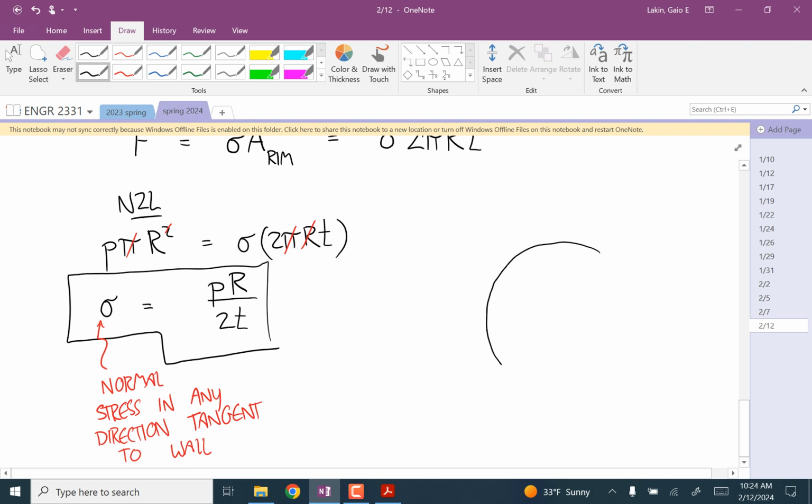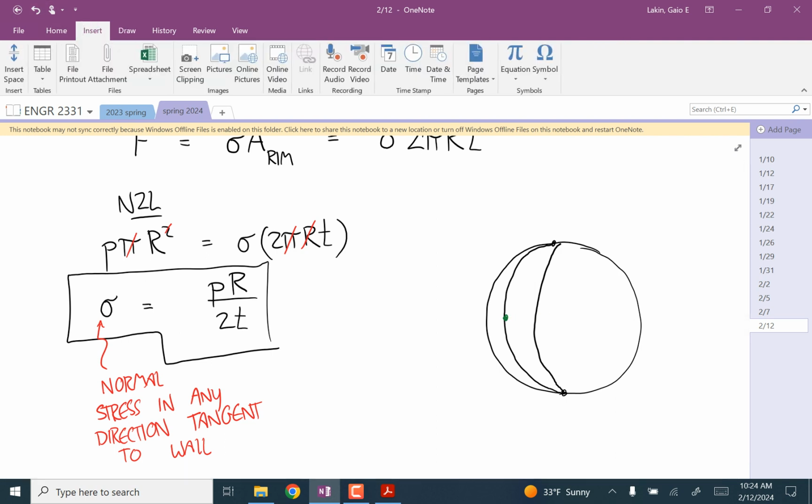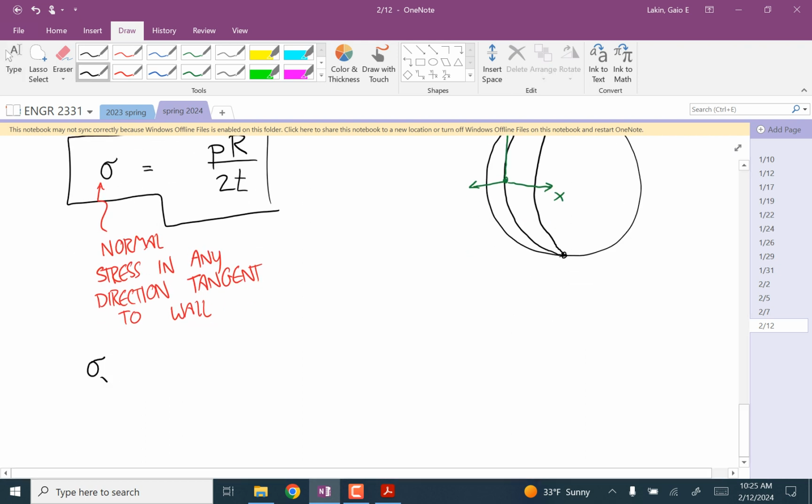So if this is your spherical vessel, and you have your x-axis going this way, and your y-axis this way, and your z-axis perpendicular, then what you have is that your XX normal stress and your YY normal stress are both equal to PR over 2T.